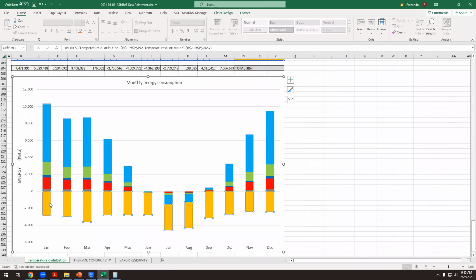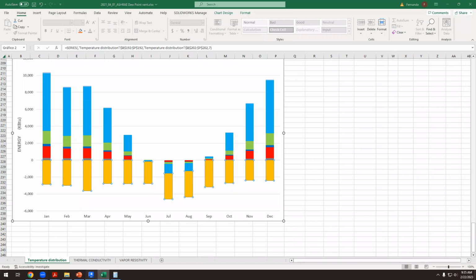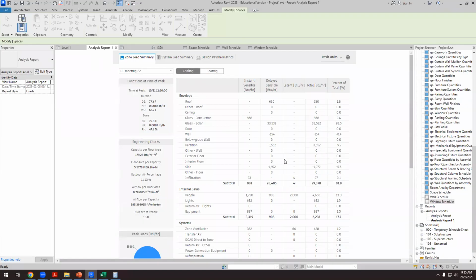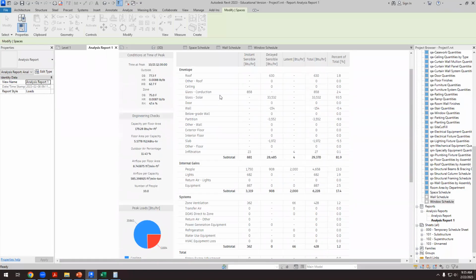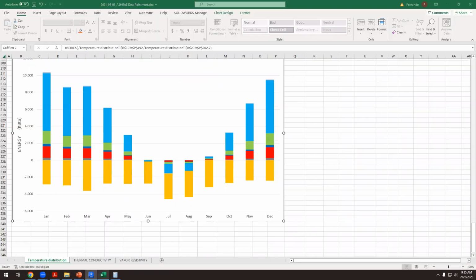So in summer, we gain heat through the windows, and in summer the most important thing is the glass solar. That is the same thing we found out in the Revit report. If we go to cooling, the glass solar is the worst cooling load that we can have here.